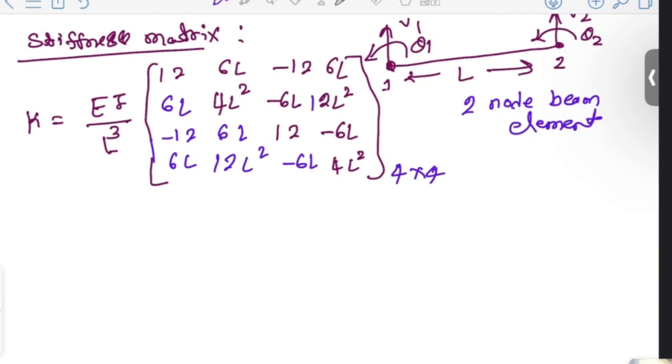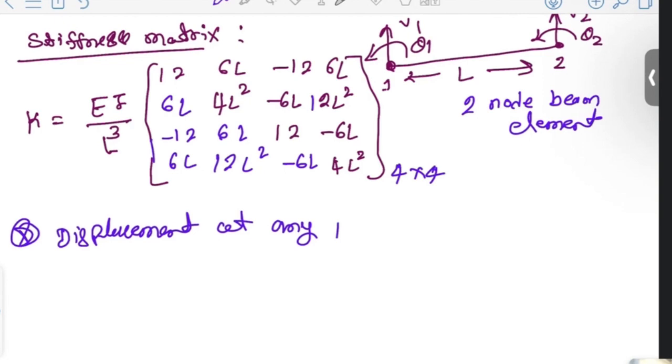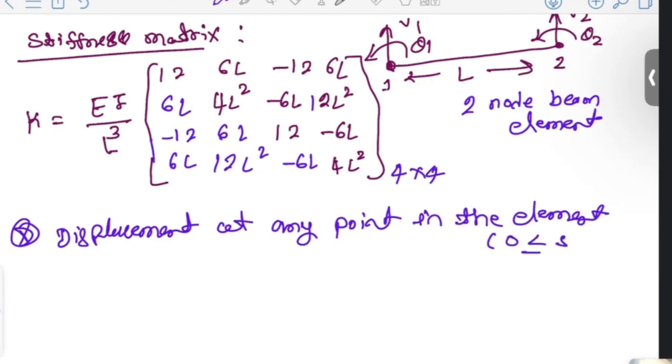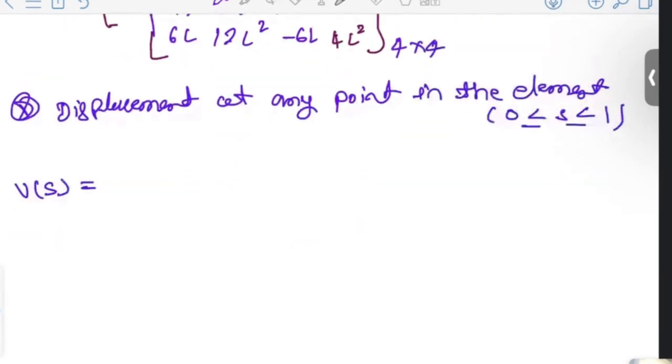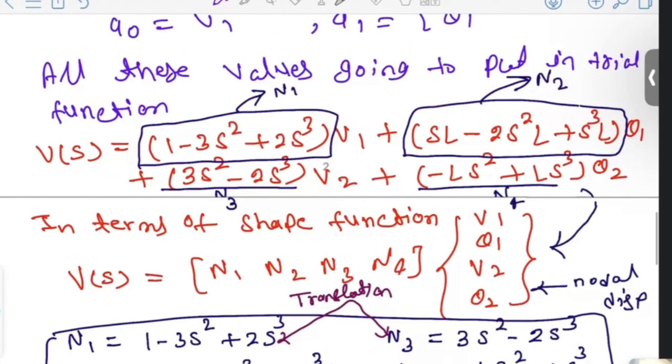The displacement at any point in the element, what will be the range? Between 0 to 1. Okay. What will be our displacement? This will be in terms of the shape function. This equation we are going to use, this one only.